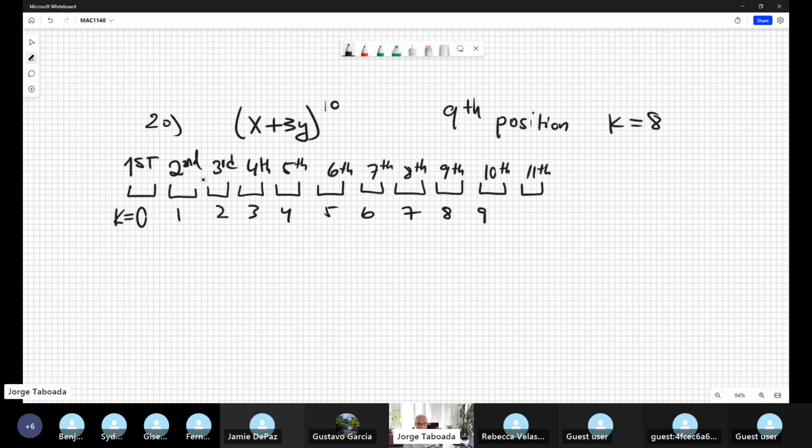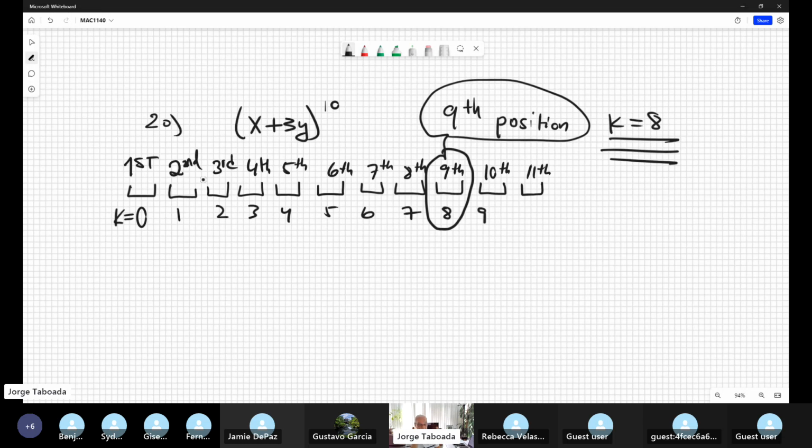And you see that position 9 is equivalent to saying K is 8. That's the thing I tried to do here. So it's combinatory number 10, 8. Remember 10 is M, x is A, just x, raised to the 10 minus 8, so A to the M minus K, and 3y, which is B, raised to the K, which is 8.